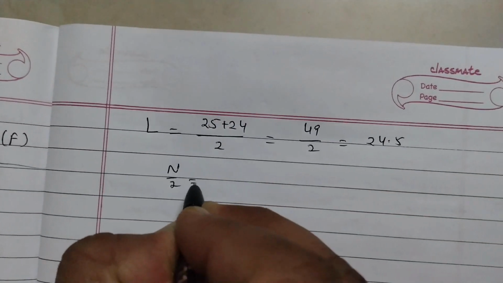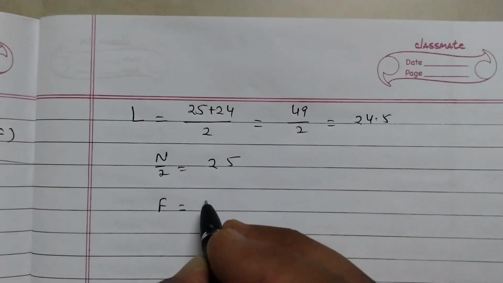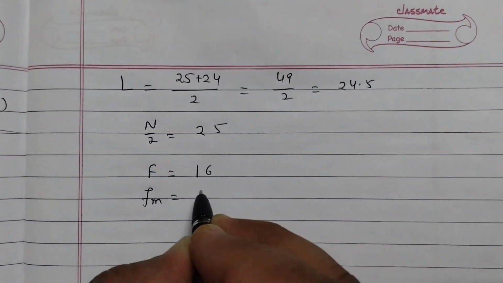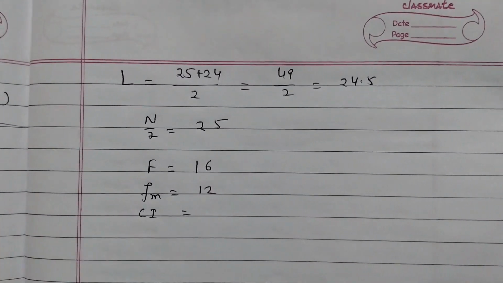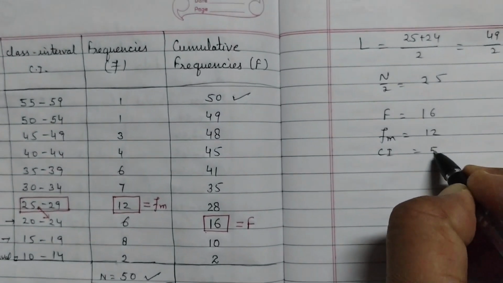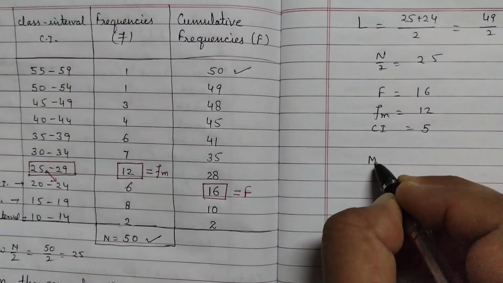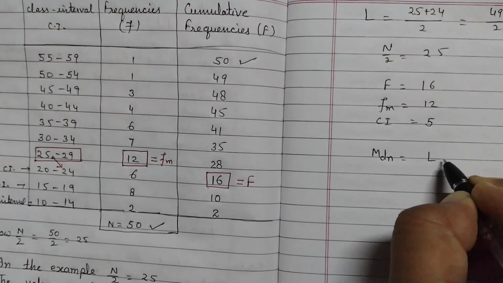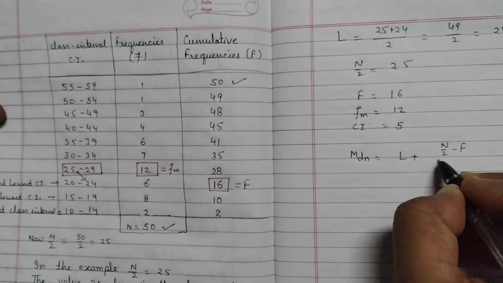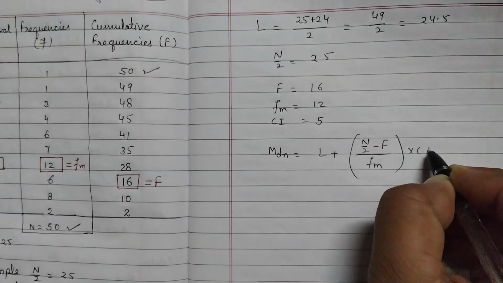N by 2 is equal to 25. Capital F is equal to 16. Fm is equal to 12, and the class interval Ci is equal to 5, as in 25 to 29. So the class interval is 5. Putting all these values in the equation, the median is equal to L plus N by 2 minus F divided by Fm, whole multiplied by class interval.